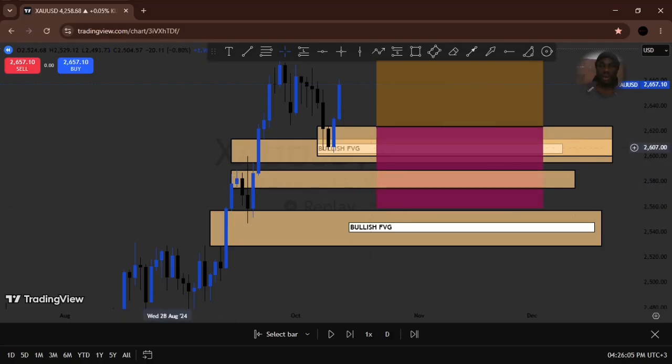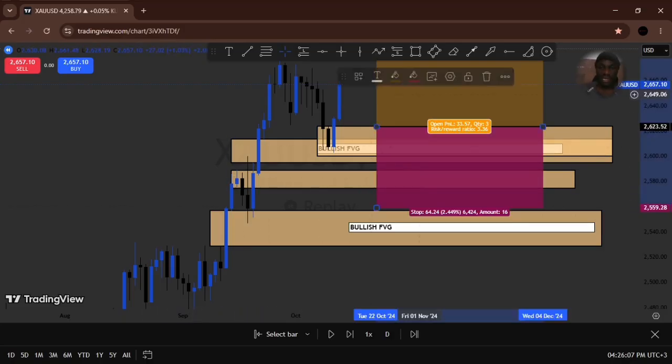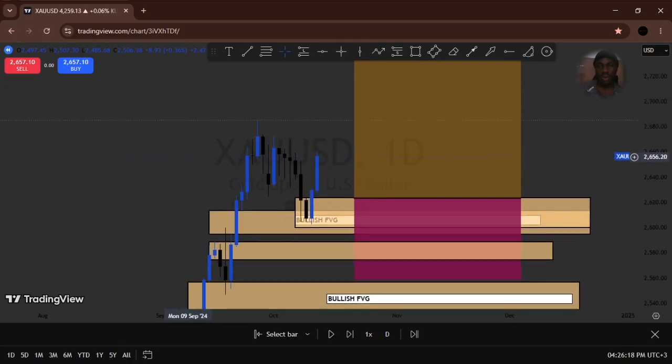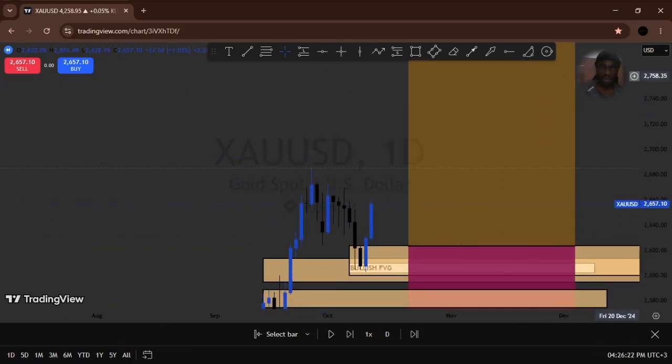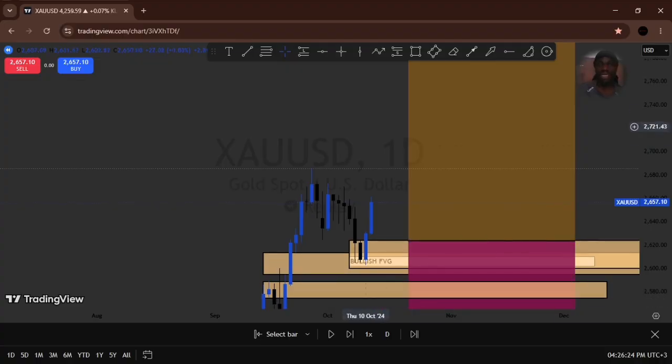So what are we targeting? Just see the setup. The setup is risk to reward 3.3, because most of the setups go to 1 to 1, 1 to 2, but this setup is times 3 of your money. It means maybe you're risking 1,000 to make 3,000 in one setup.